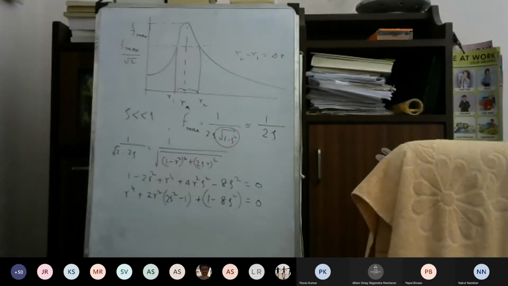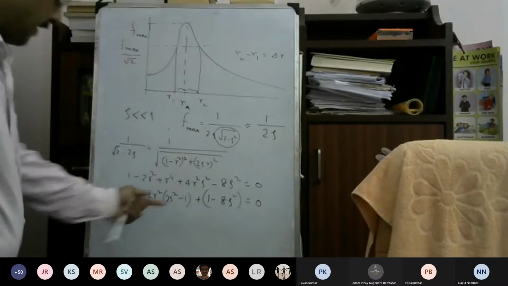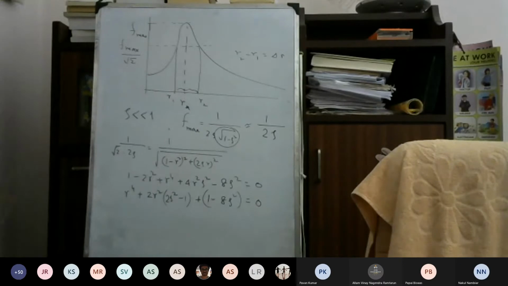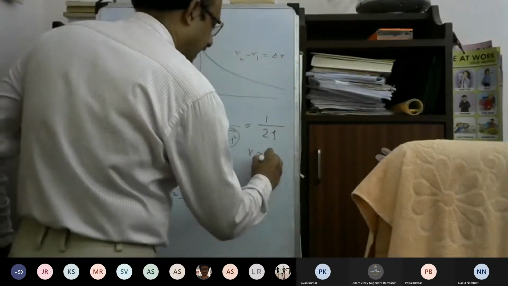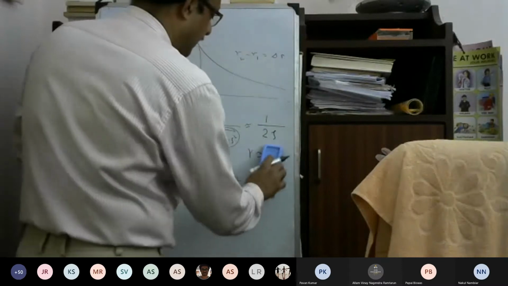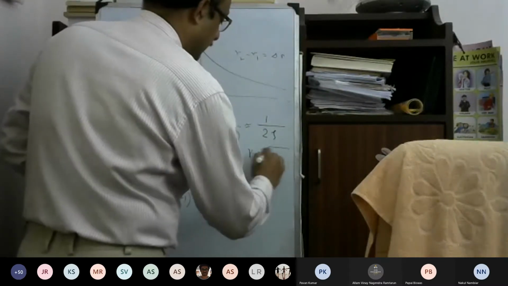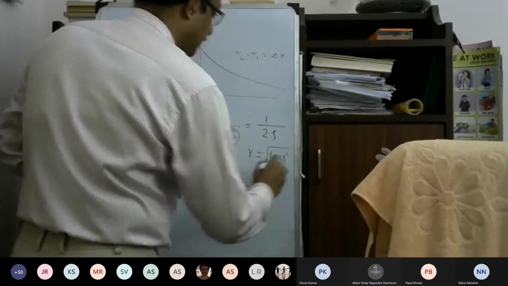Now one more thing will be there, because at r equal to 1, r square is 1 minus 2 zeta square, so that will be approximately equal to r.